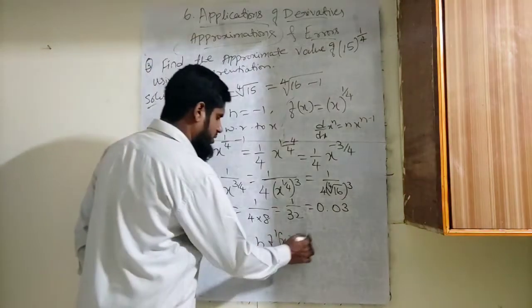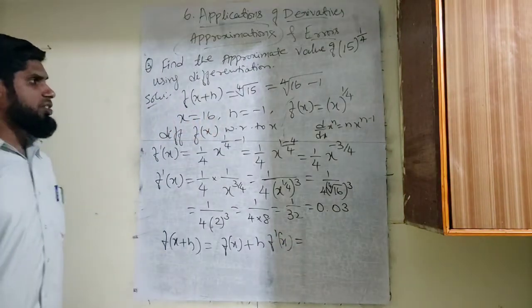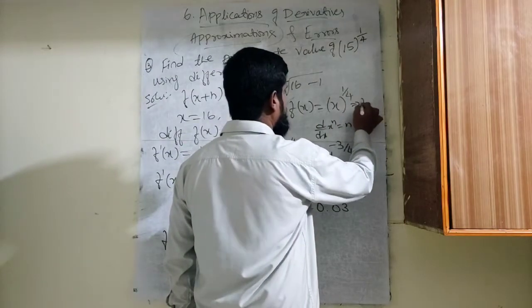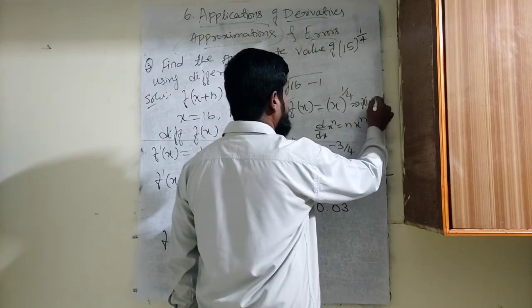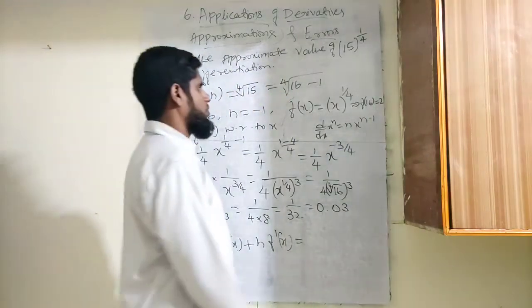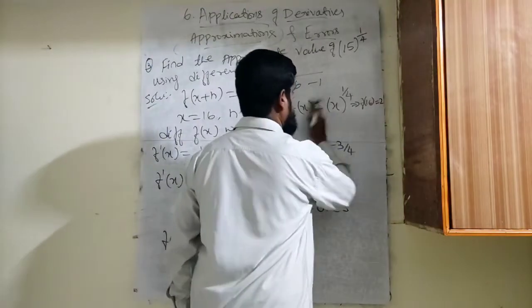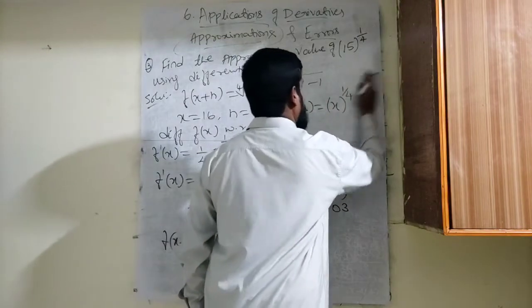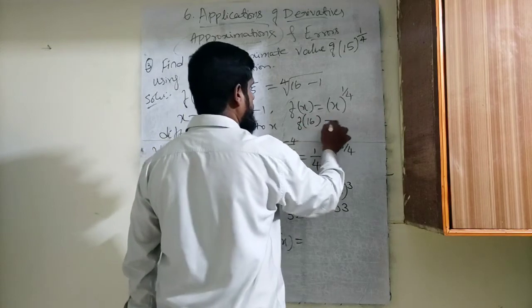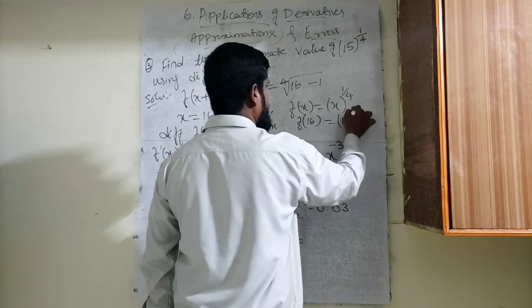What is f of x at x is equal to 16? At x is equal to 16, our function is 2. And f of 16 is 16 power 1 by 4.